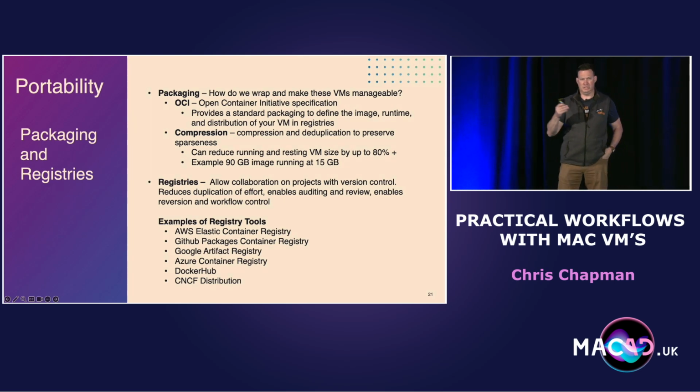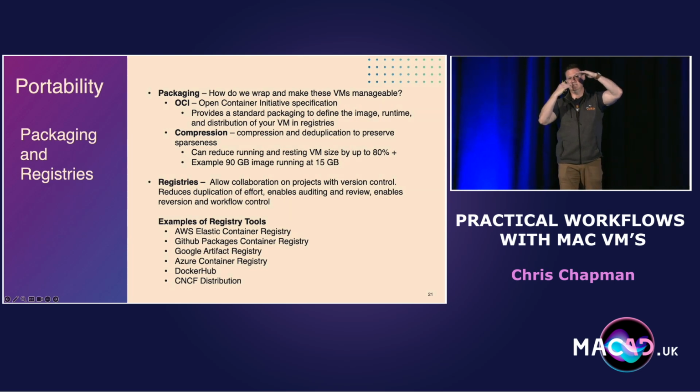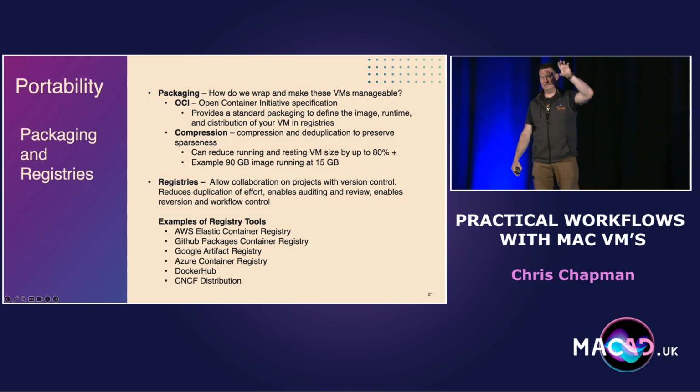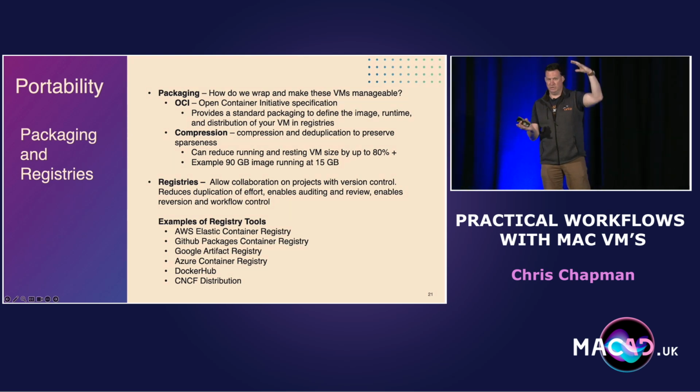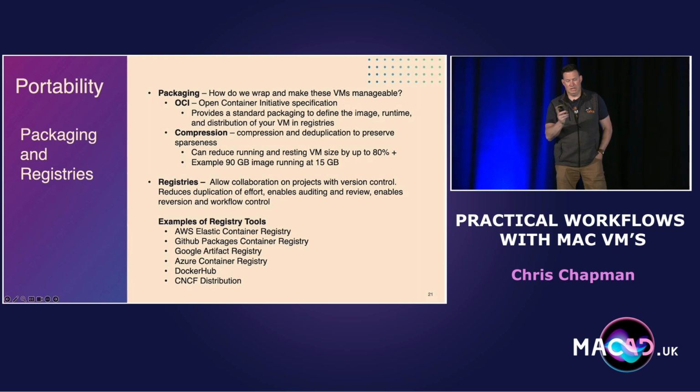So it just slices and layers it up so that you have not just the macOS itself, but the environment, the runtime, and how you expect it to be distributed throughout registries, sort of packaged up as a manifest. In addition to that, we bake in compression because this is where the portability comes into play.